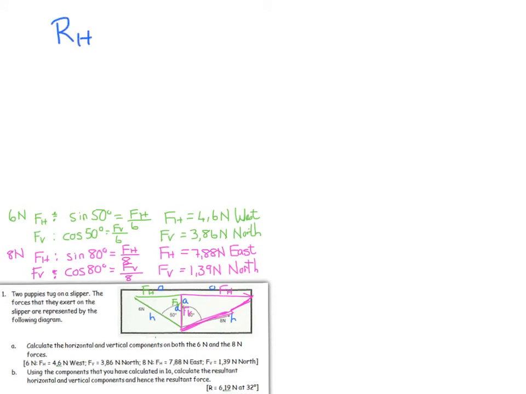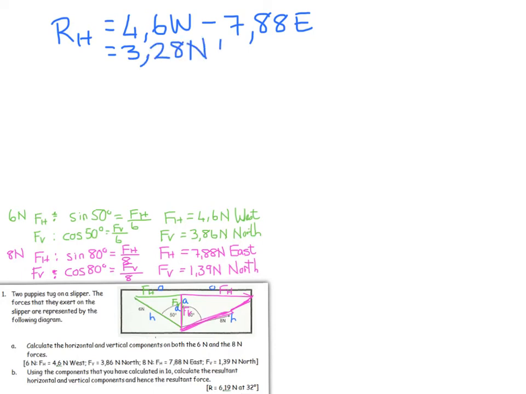Resultant horizontal component is going to be 4,6 newtons to the west, and I need to subtract, since they're in opposite directions, the 7,88 newtons to the east. I land up with 3,28 newtons, and that is to the east, obviously in favor of the bigger of the two forces.